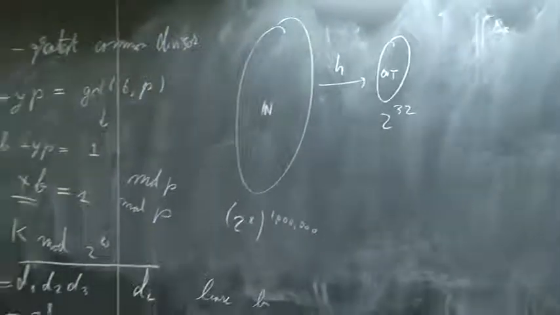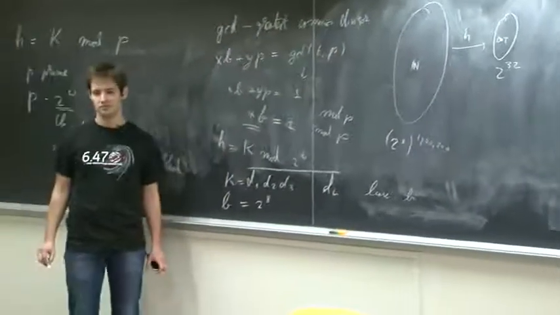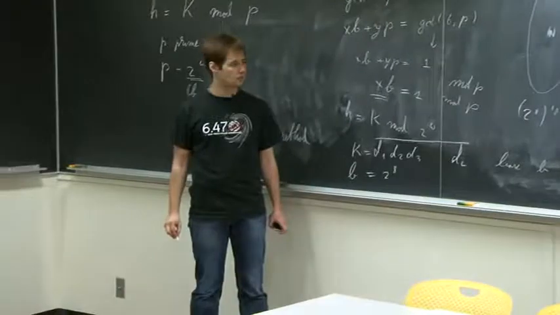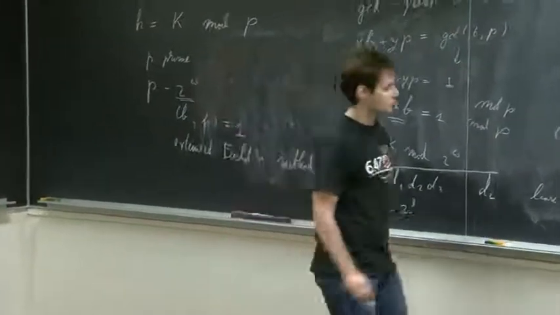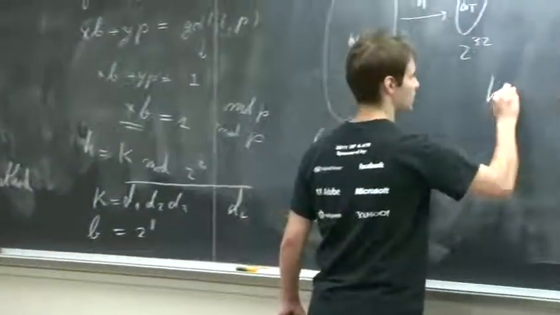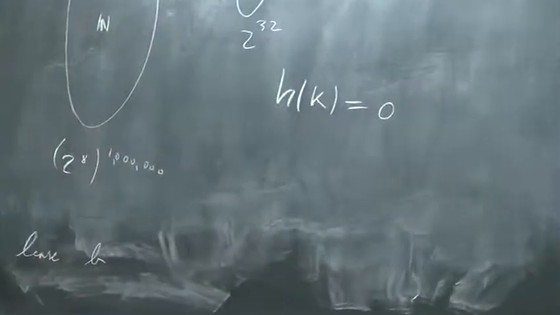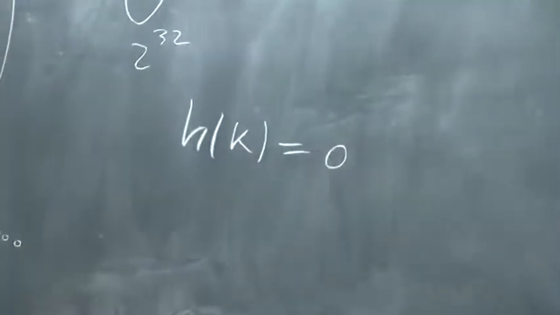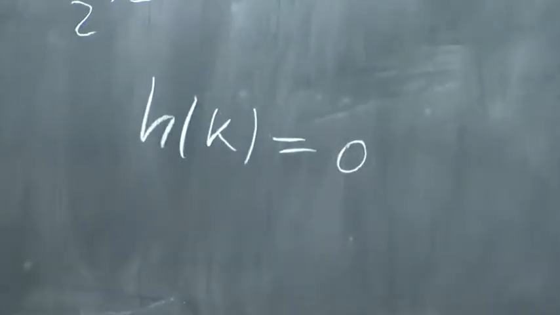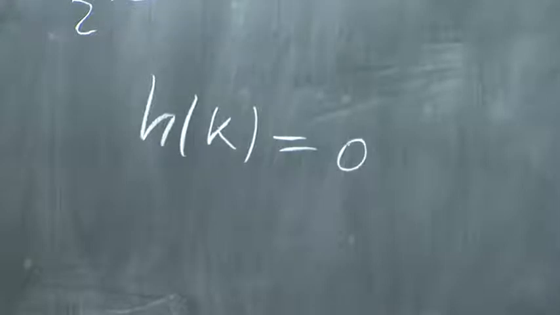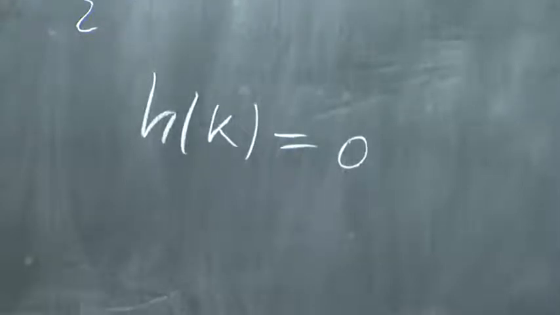But instead, what do we want? What makes a good hash function? Say my hash function is 0 for all the keys. Is that a good hash function? It's an excellent hash function. What's wrong with it? You would put everything in one, so then searching for it would take a long time. Yeah, searching takes a long time.